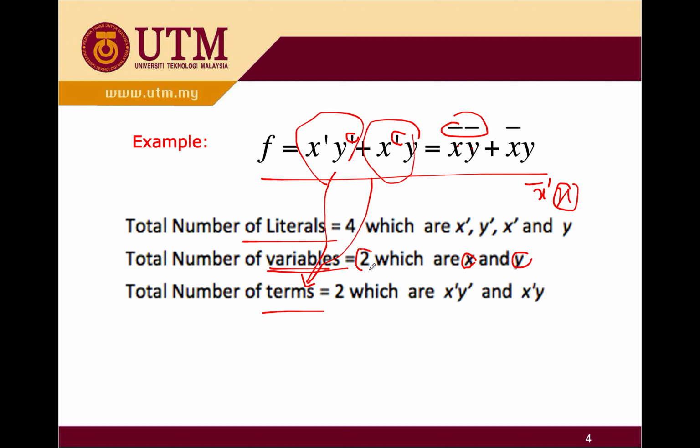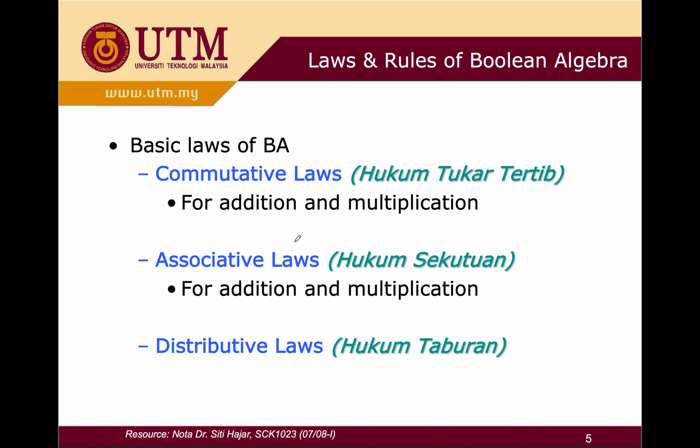So you have two variables only, and your literals is 4, which is x prime, y prime, x prime, y. So you have 1, 2, 3, 4. So you have 4 literals. So this is just an easy example, because it's very simple.